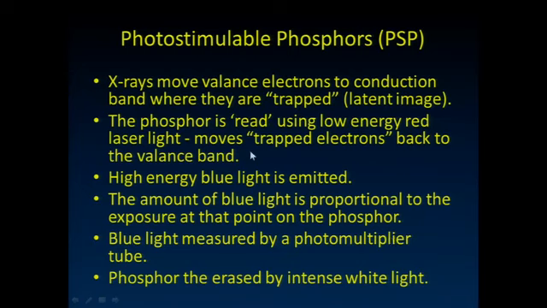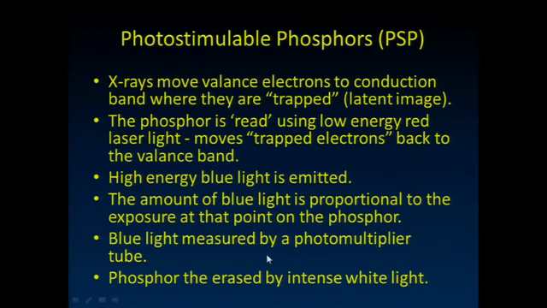I think I've said all of this about photostimulable phosphor, so I don't think we need to go over that again. The thing I want to emphasize at the end here is that the amount of light that gets emitted is proportional to the exposure at that particular point on the plate. That determines how much light we get there, and how bright that point on the phosphor is going to end up being in the image that we create.